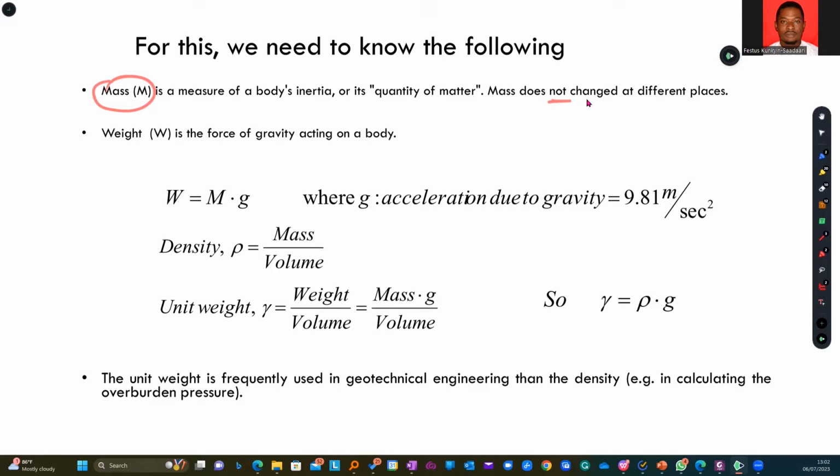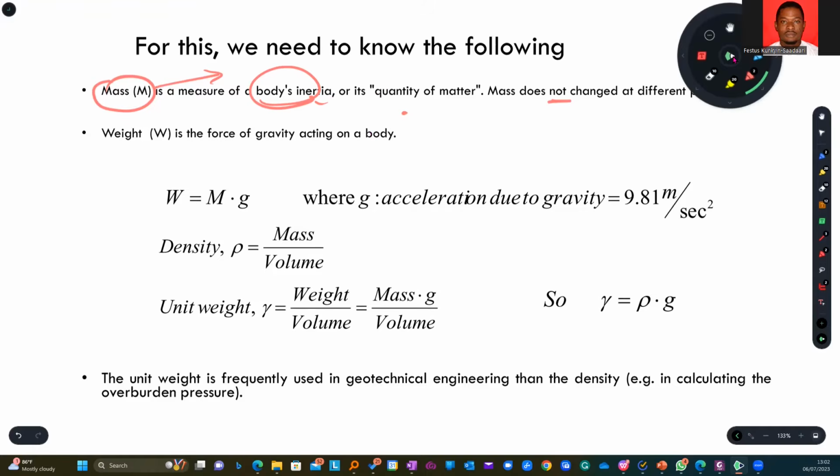And then when I know this mass, and I multiply this by what we term the acceleration due to gravity, I am going to have what we term the weight of that particular body or object we are referring to.